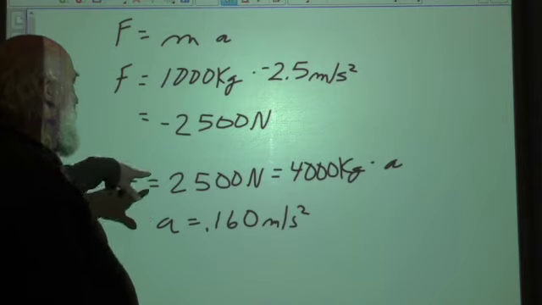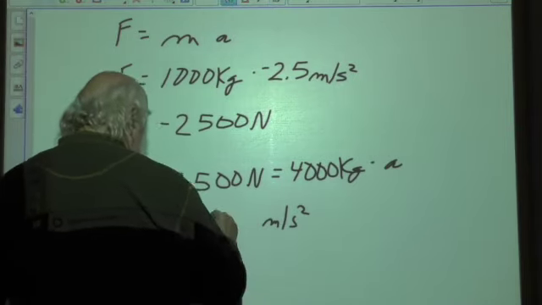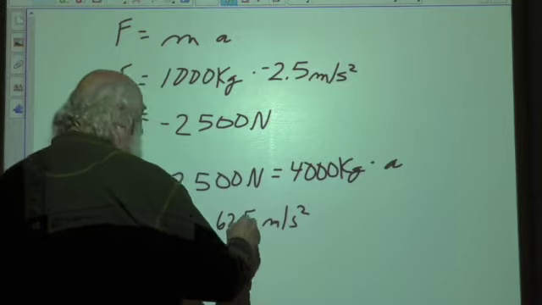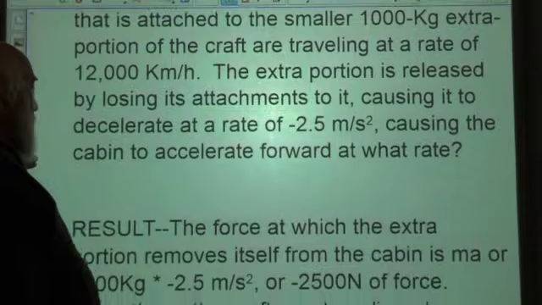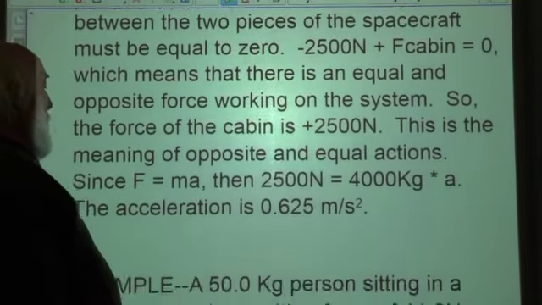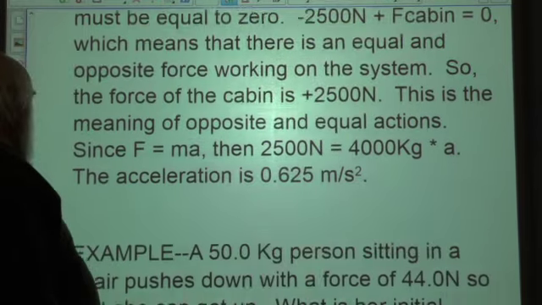Let's see, 2.5, oh no, I went backwards with the division, sorry about that. 0.65 meters per second squared. Okay, let's double check my work here. Yeah, 0.65 meters per second squared is the correct answer.